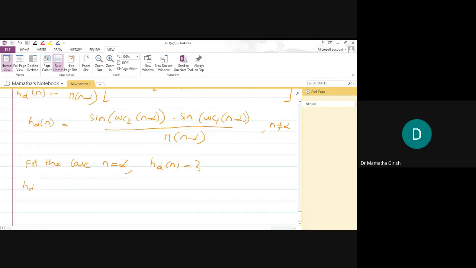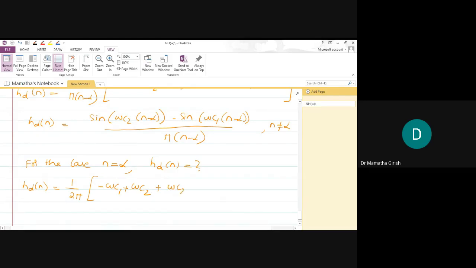hd of n is given by 1 by 2 pi times, for the first, the integral of d omega is omega. The limits are minus omega c2 to minus omega c1. Therefore, by substituting the limits for the first integral, I end up with minus omega c1 plus omega c2. Similarly, for the second, the integral of d omega is omega, whose limits are plus omega c1 and plus omega c2.